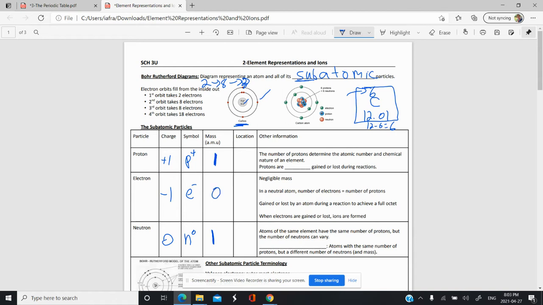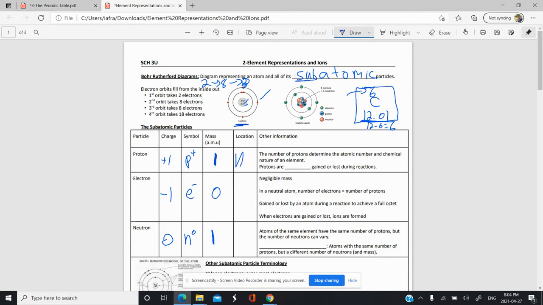Their mass is negligible, so light they almost don't count. In fact, all the mass of the atom comes from the nucleus. For example, carbon, with 6 neutrons and 6 protons, has a mass of about 12. We'll talk about why there's a decimal number for the mass later on, but that's the general idea for now.